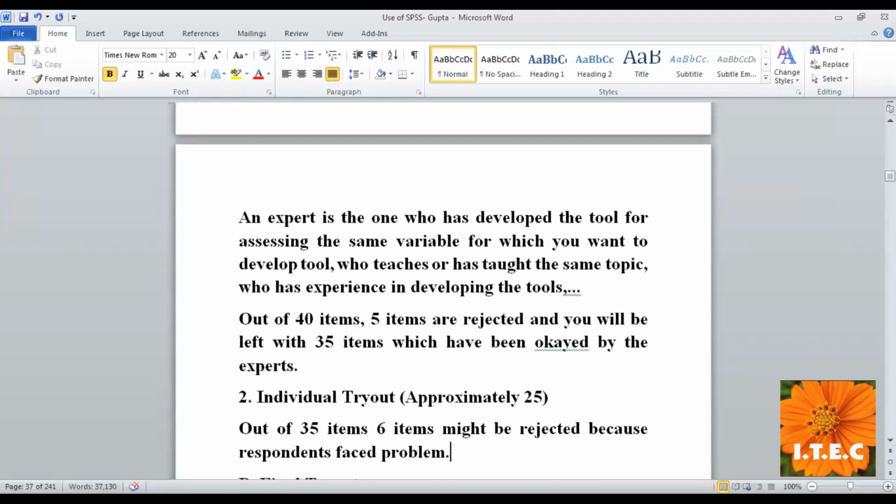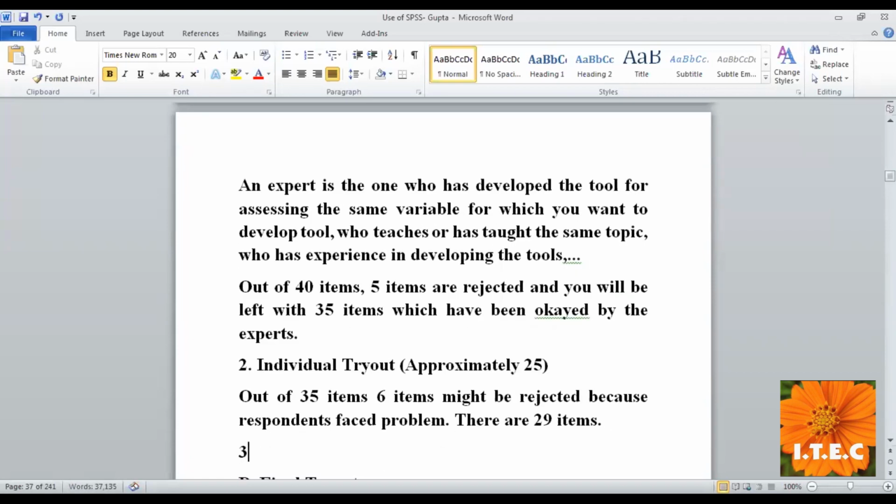Now you are left with 29 items. Now you have to proceed with 29 items. And what to do after this will be the group tryout, which I will explain to you tomorrow.